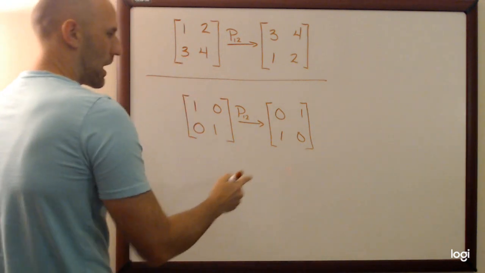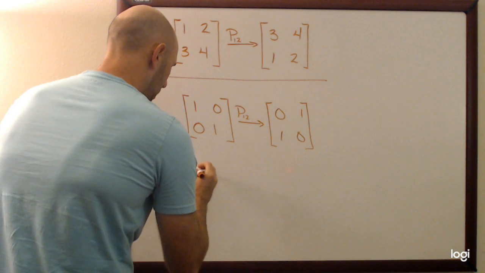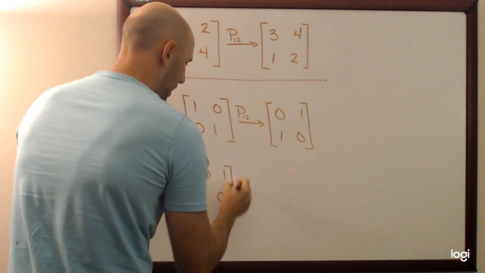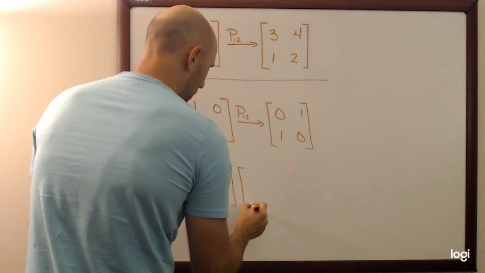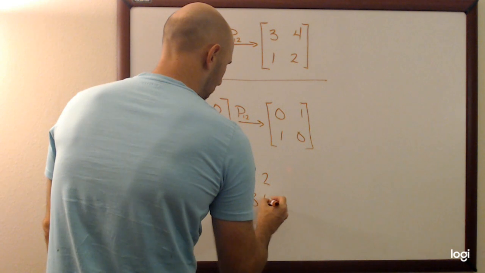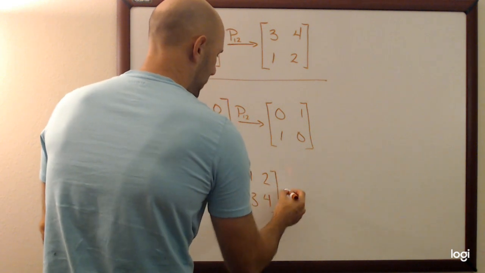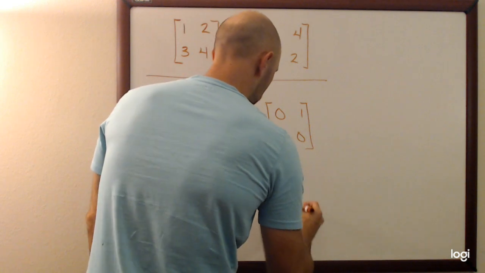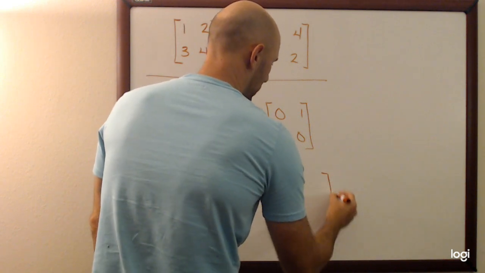So I'm going to take this matrix, 0, 1, 1, 0, and multiply it times this matrix here, 1, 2, 3, 4, and let's see what we get. Again, 2 by 2 times a 2 by 2, so the result's going to be a 2 by 2.